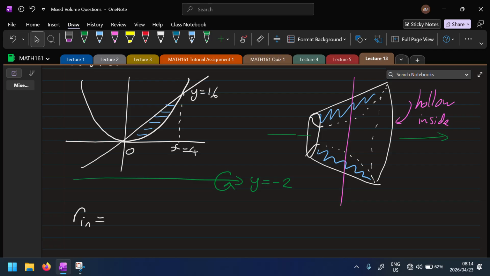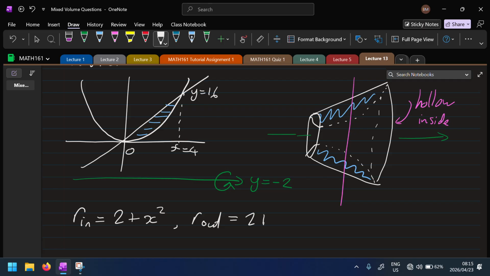I'll give you a hint. It starts with the 2. So 2, because we've shifted by 2 here, so we need to add 2 to the radius. And what about the leftover bit up to the parabola? It will be the y value. It will be x squared. Good. 2 plus x squared, because it's 2 plus the y value, y equals x squared.